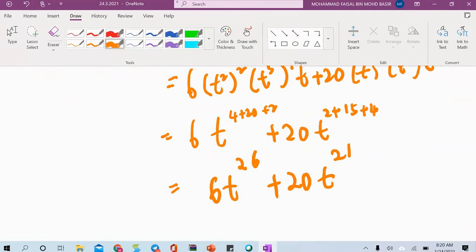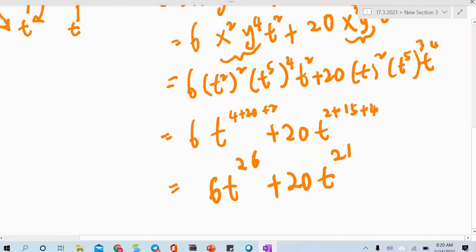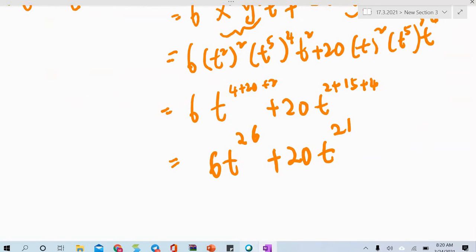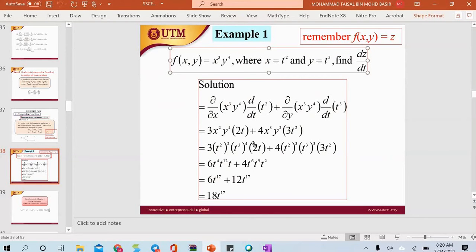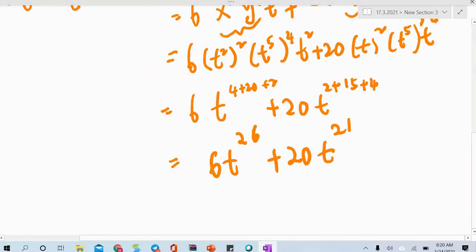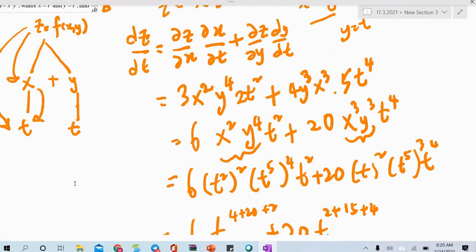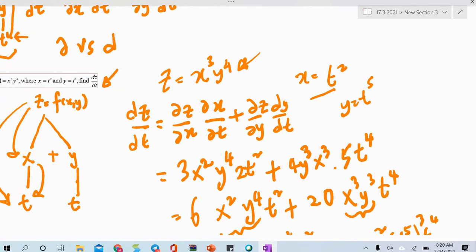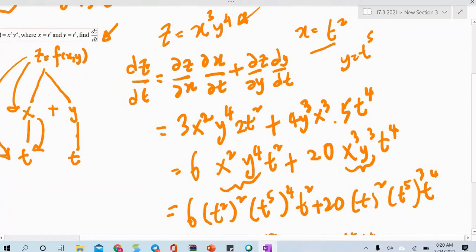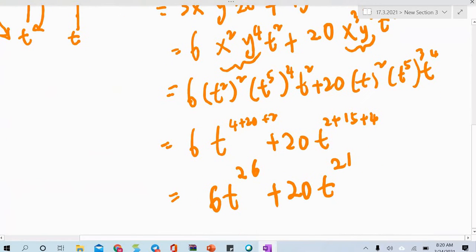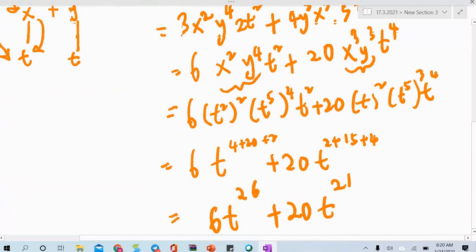We have to check again because sometimes we are wrong. Yeah, it is wrong. So to check where I'm wrong. If I see here, x squared y to the power 4. Yeah, here is 2t. So here dx/dt, 20x to the power of 3.